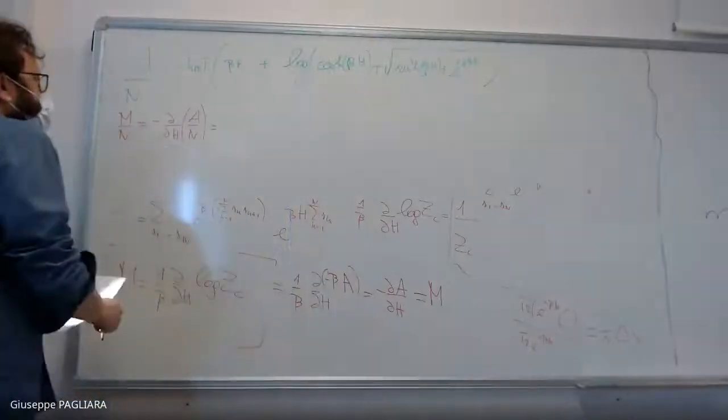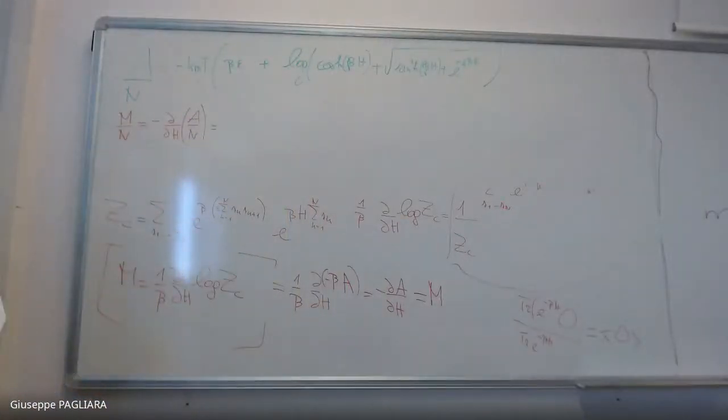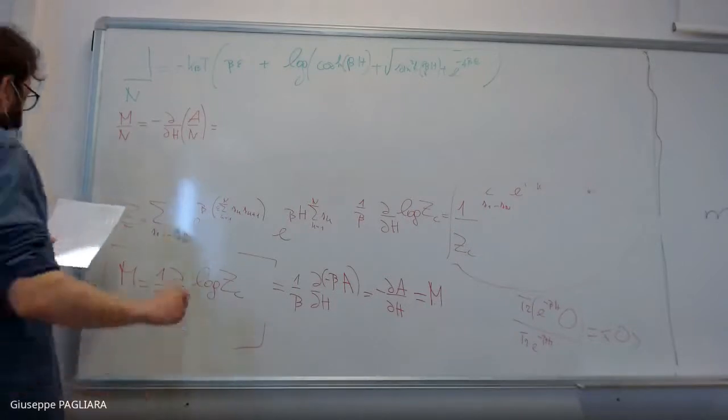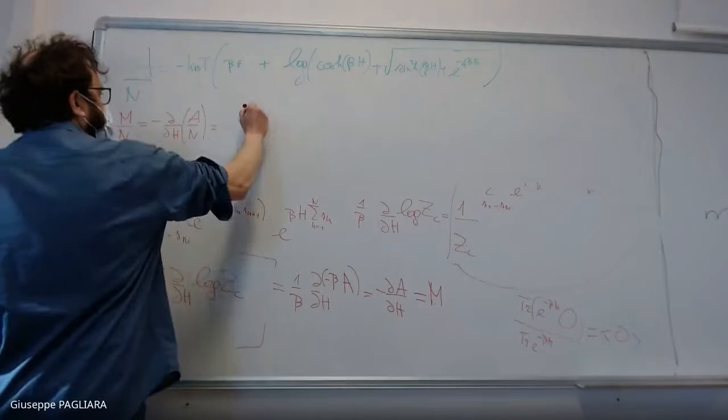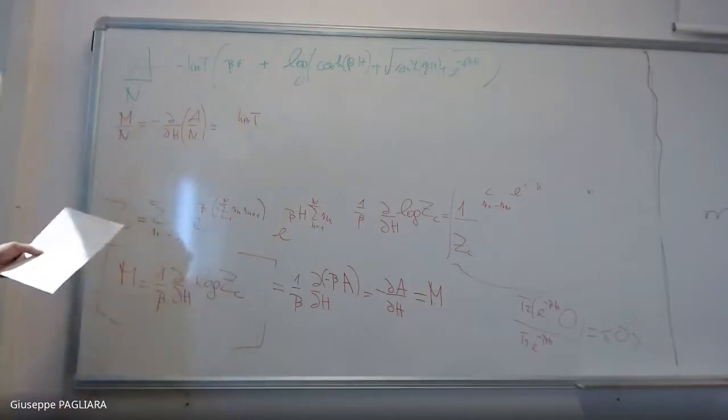Okay, so I have to do this derivative with respect to h of this quantity. So let's try to do it. Let's see, I have a minus, so I have a kBT, which is this term here.